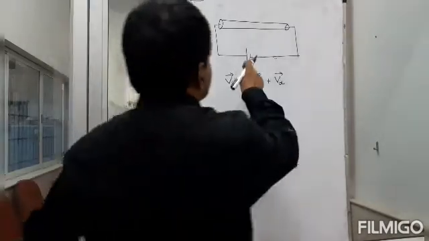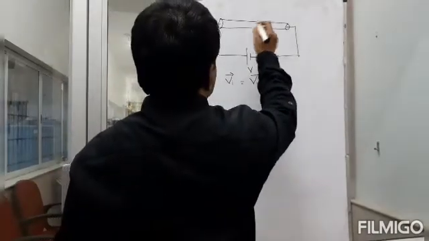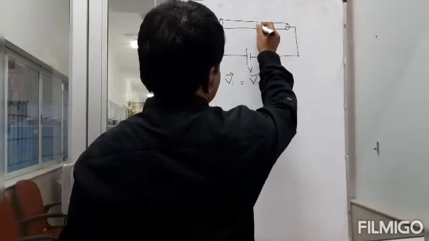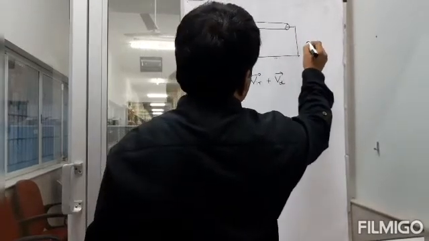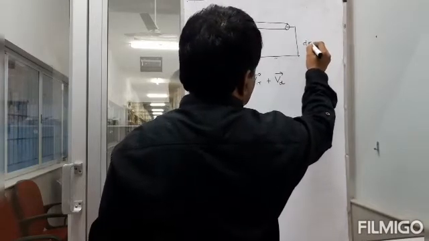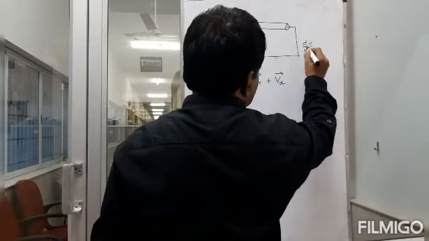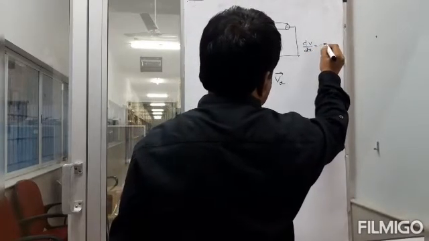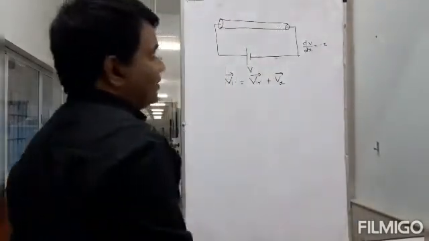But you notice here, if this is V, then E will be set up in this direction. Which direction? We know that dV by dx is equal to minus E, right?